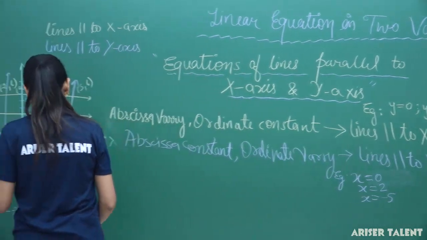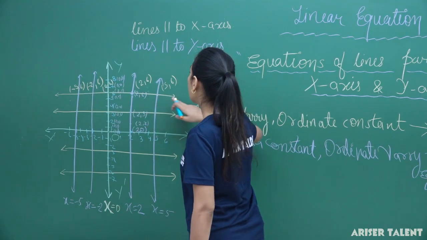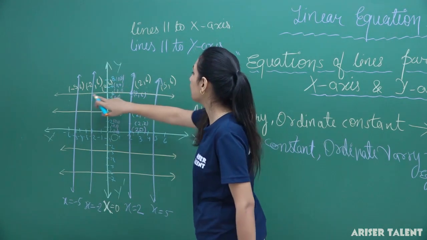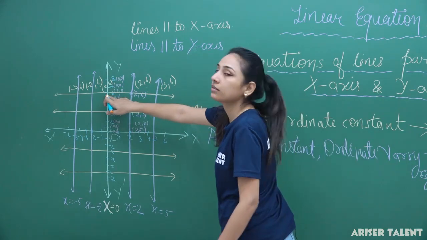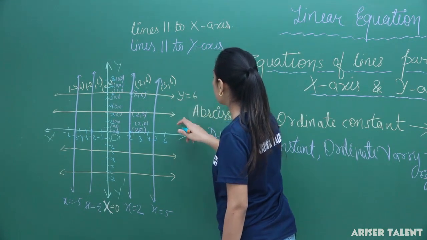Right, come here, this line, the value of y throughout it is what? The value of y is 6 throughout this line, so that means y equals 6, this is the line.